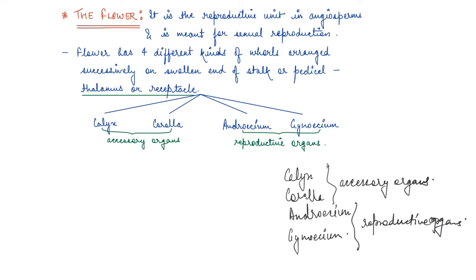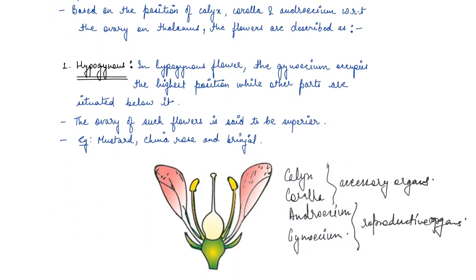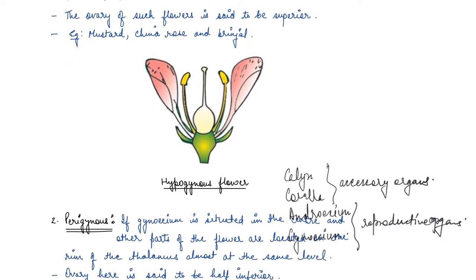So if we see a typical flower, say this is something like what a flower looks like, right? So here if I have to label it, these two are the accessory organs, which are calyx, corolla.